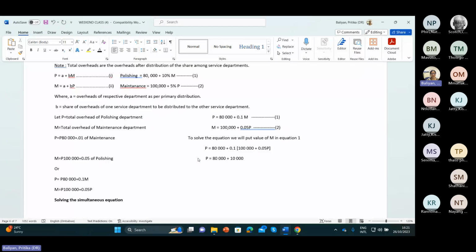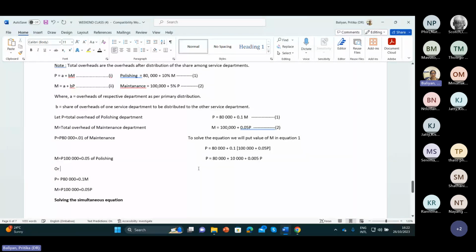Then you also need to multiply 0.1 with 0.05, which gives you 0.005 P. Now we have two figures.